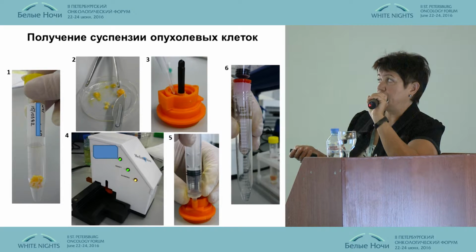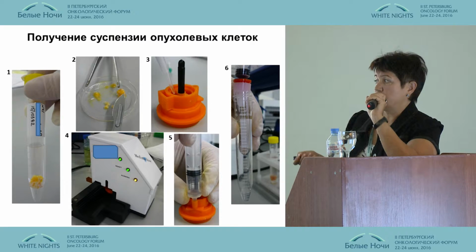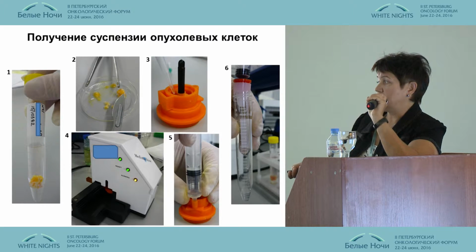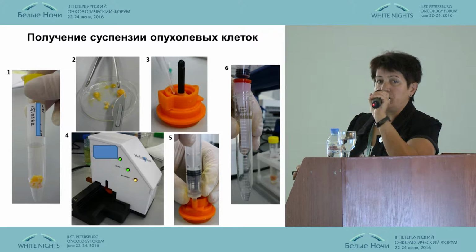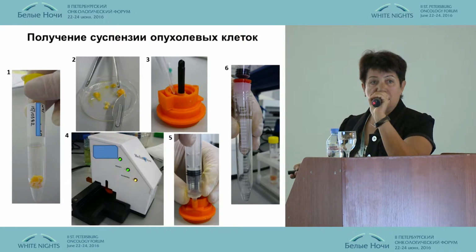So how do we do that? What's the procedure? First, we take the specimen, then we process it, filtrate the tissue so as to have a suspension as a result.